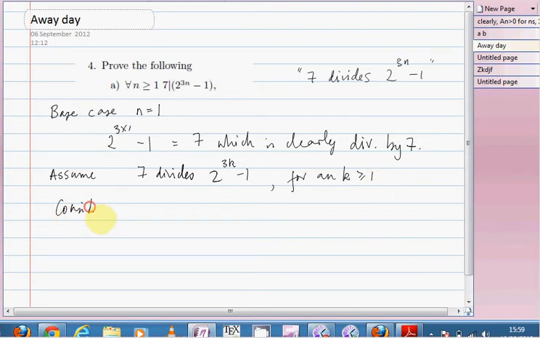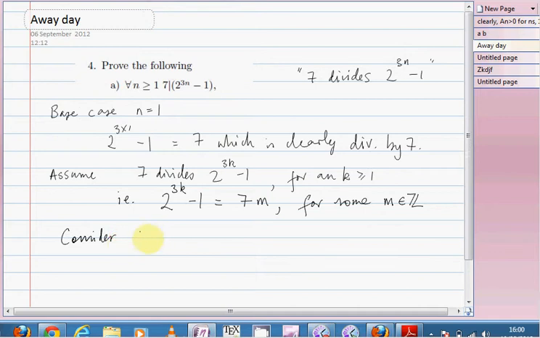Let's just spell out exactly what I'm assuming there. I'm assuming that 2 to the power of 3k minus 1 is equal to 7 times m for some integer m. That's what it means to be divisible by 7. Okay, so that's my induction hypothesis spelt out clearly then.